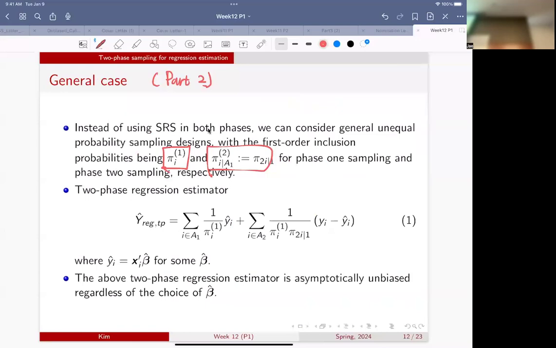This is just the notation, right? It's just because we have two phases, so we need to introduce two different notations. But the concept itself is the same. Okay, so this is the prediction part, and this is the error part, right?